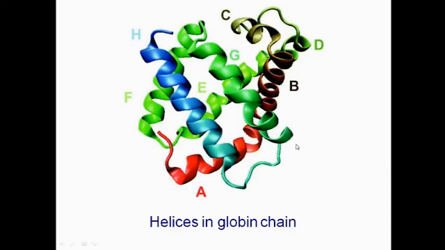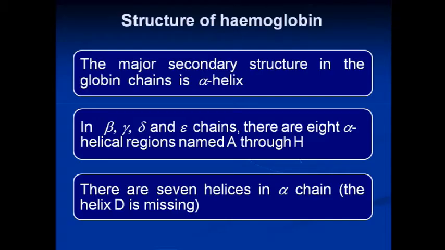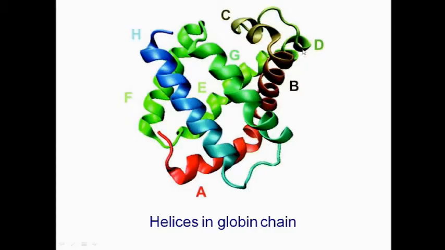This diagram is showing the different helical regions in the globin chain, named A, B, C, D, E, F, G, H. In the alpha chain, the D helix is missing.